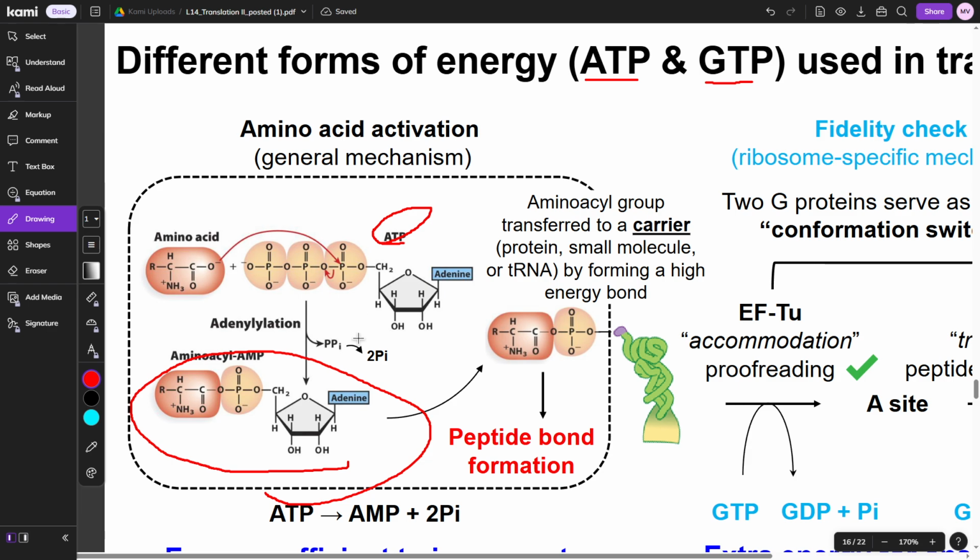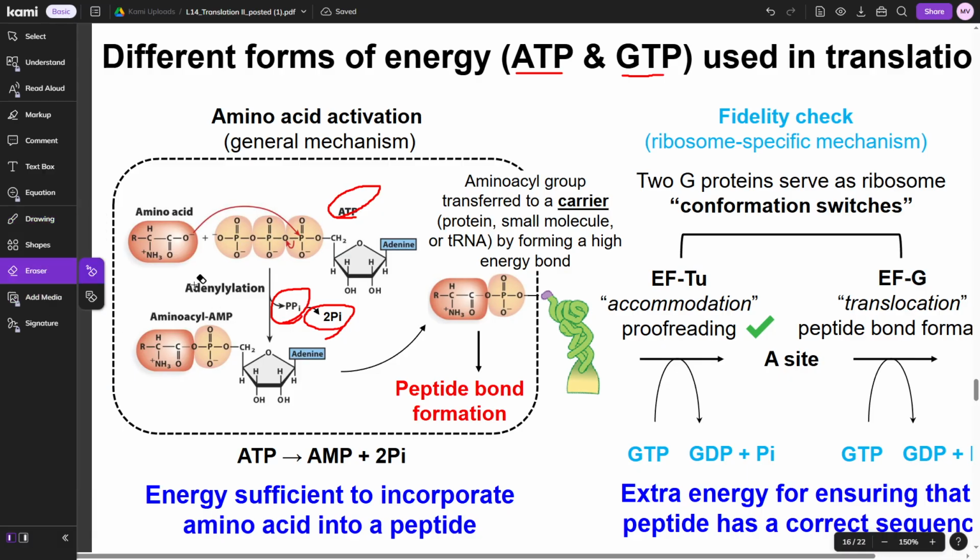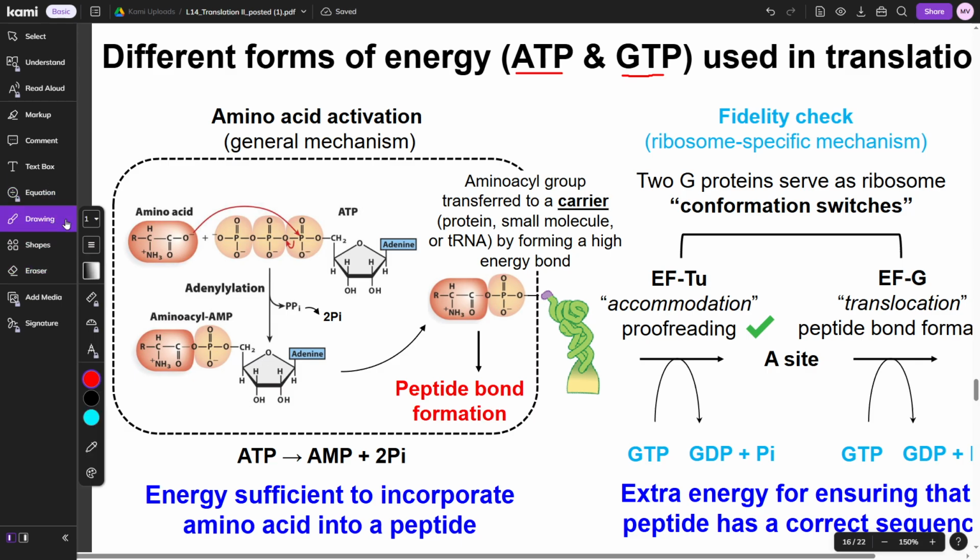Then you use your tRNA and attack this carbon right here, kick off this bond, and release AMP. This reaction is favorable because we release pyrophosphate, which you can cleave into 2 phosphates to get about 30 kilojoules of energy. So that's ATP. Every aminoacyl tRNA that you make costs 1 ATP to produce.